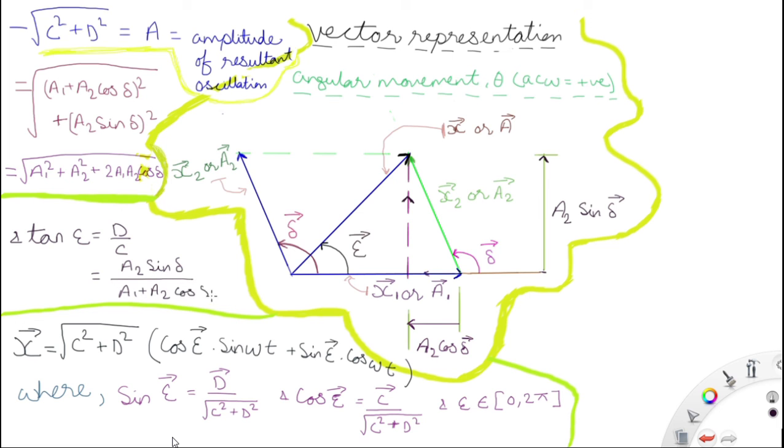So from that figure you can see that tan of epsilon is equal to d by c. So what is d and what is c has been put, and we got the expression.